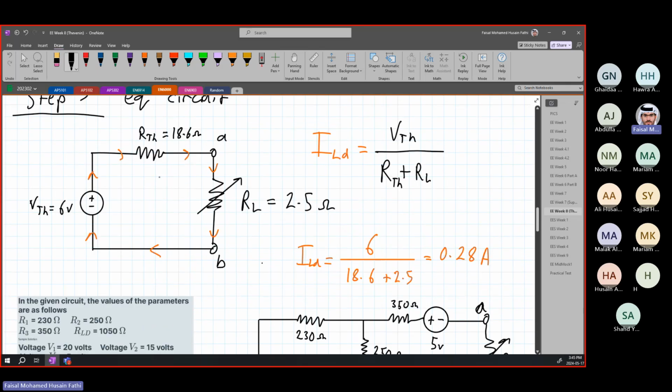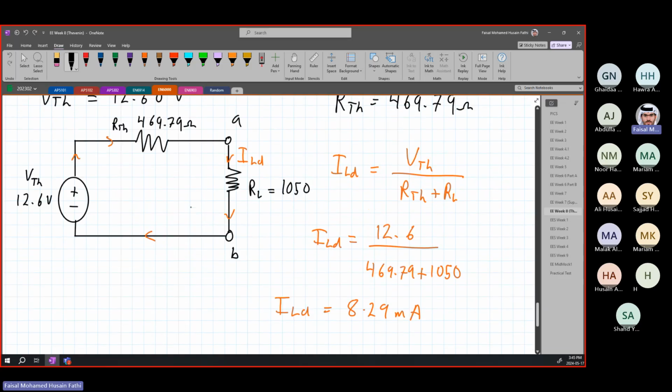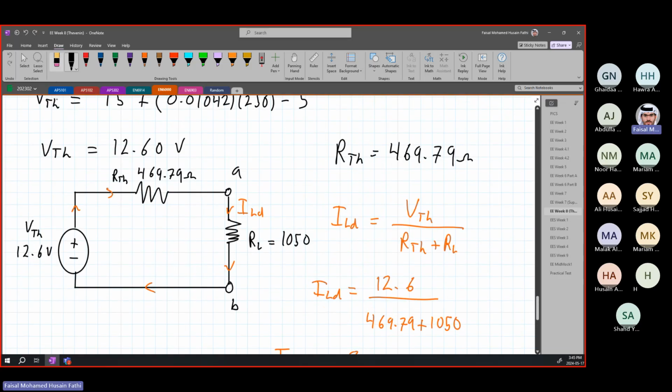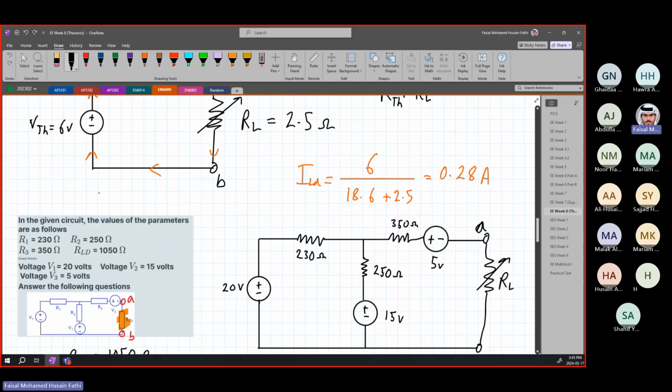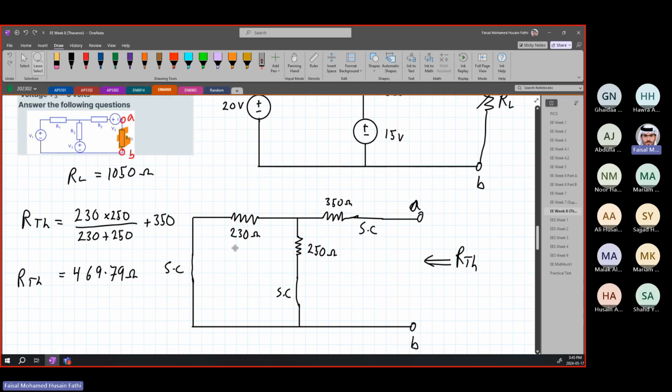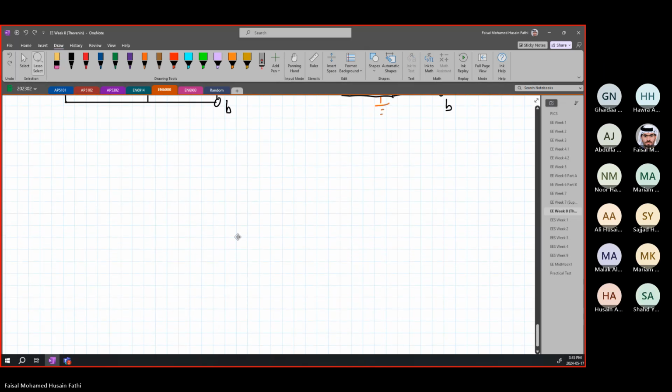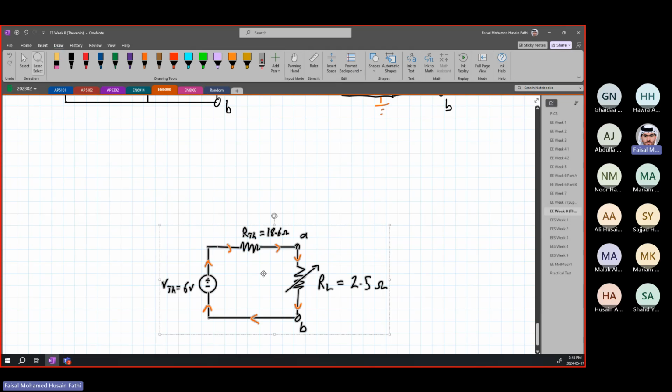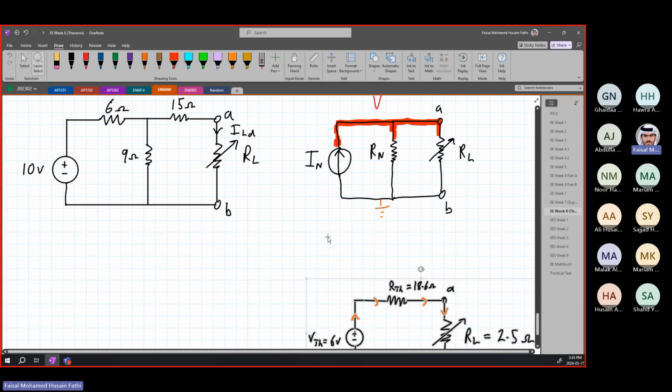So this, yes. Was it this? No. One second. Okay, so this was our Thevenin equivalent for the same circuit.